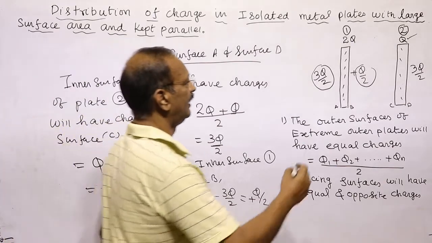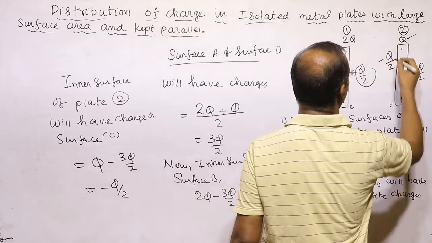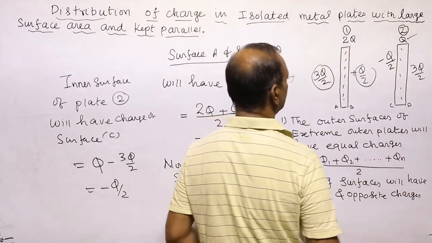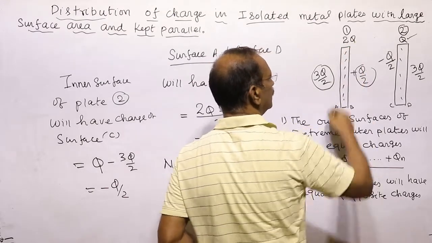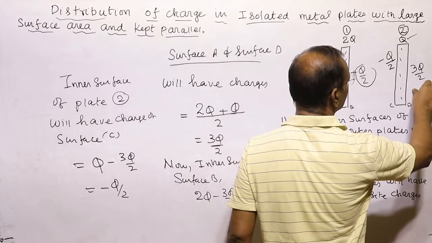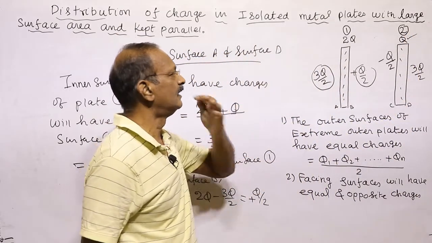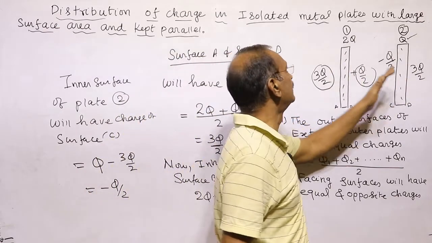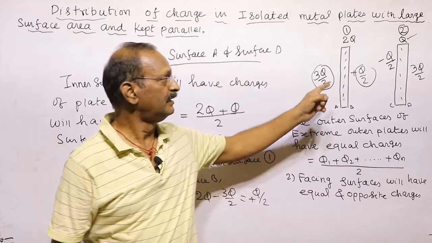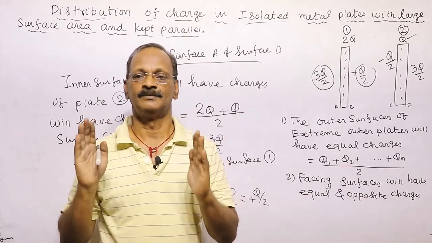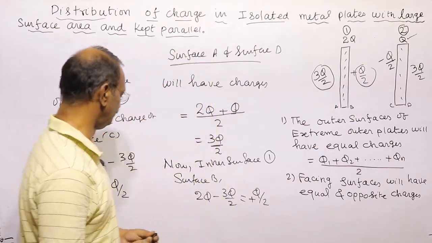So this plate will have a charge of minus q by 2. Let us check this one: 3q by 2 plus q by 2 is equal to 2q, and minus q by 2 plus 3q by 2 is equal to q. So this is how the charges are split. This is the way charges are distributed when two thick metal plates are kept parallel to each other.